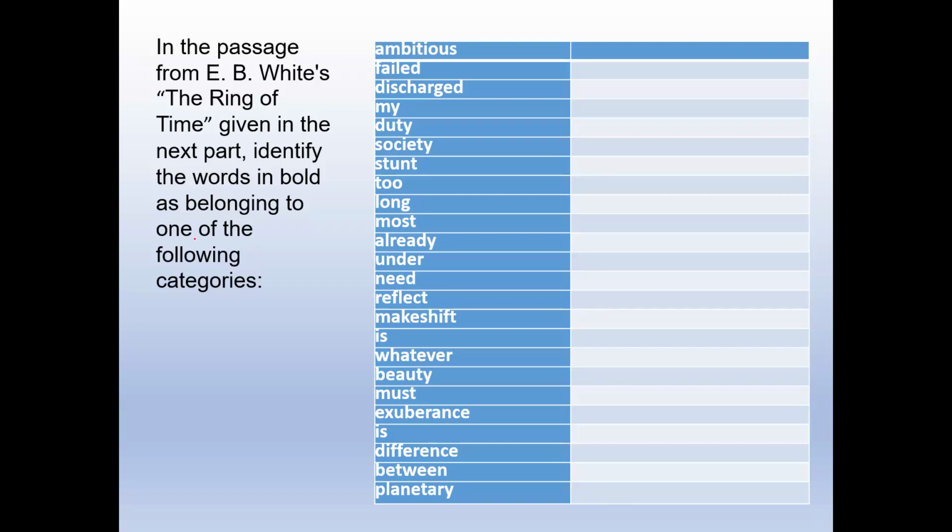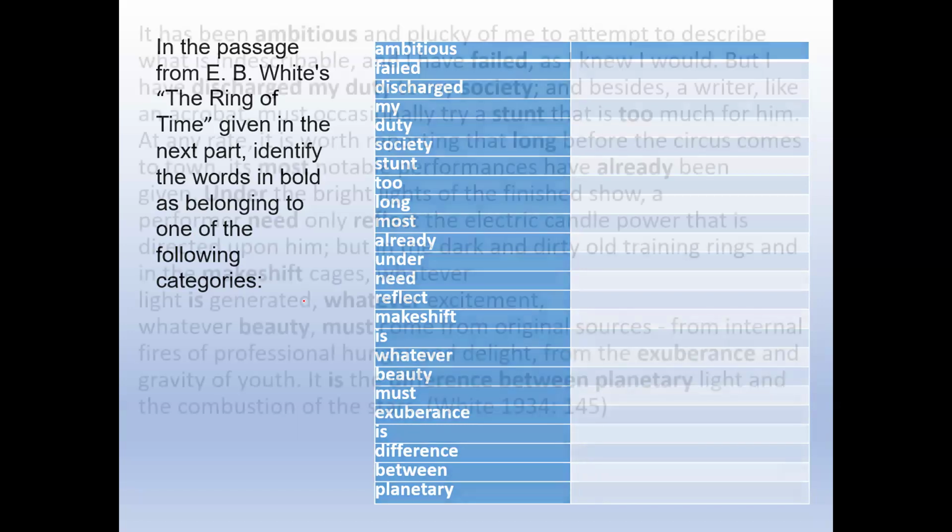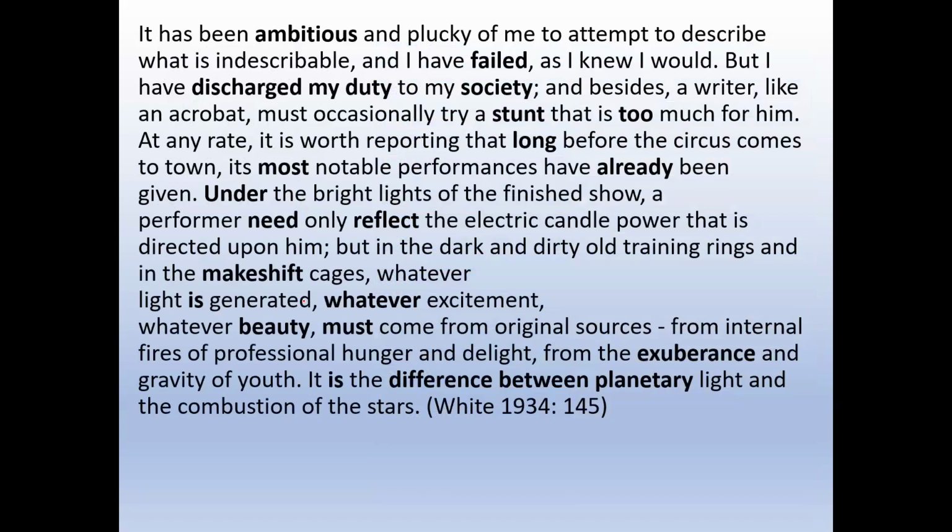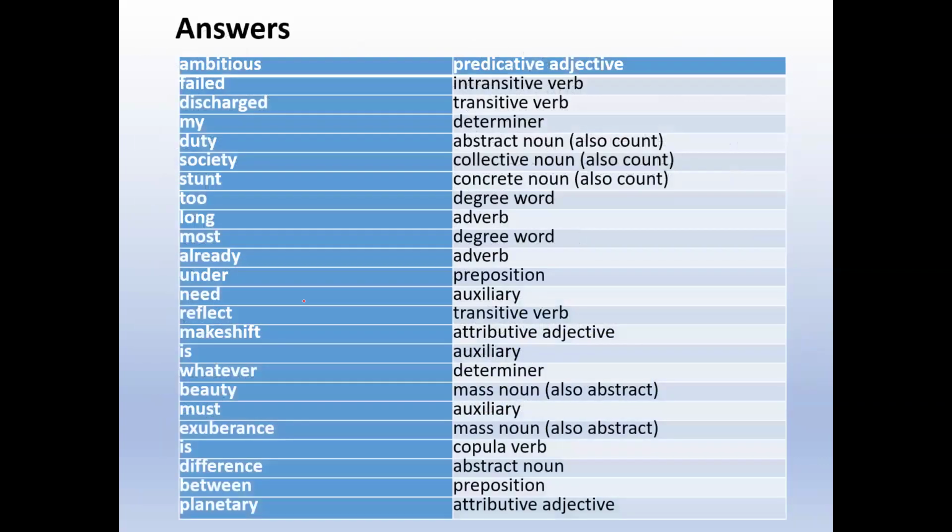Okay, right. So now let me show you the answers. Right. So the first column contains the words you already have. And the second column contains the answers, which means the word classes.